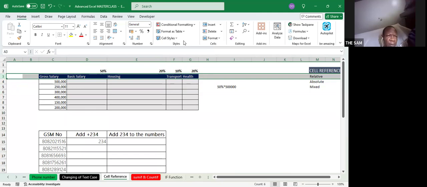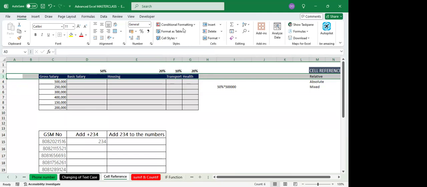I'm trying to make it not move down the column. But if you understand how the word is used, down the column means that the row is changing.